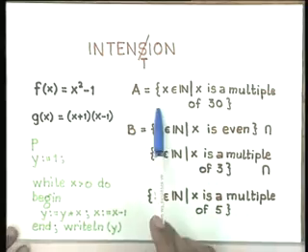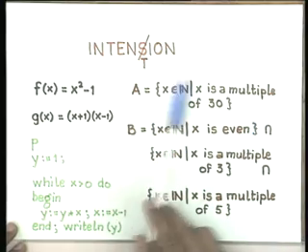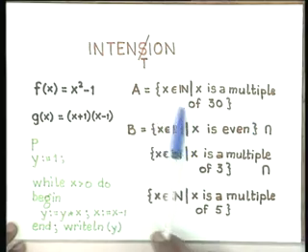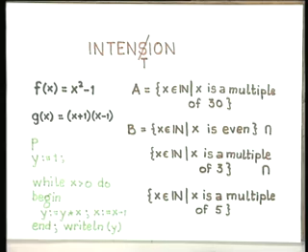If you look at the internal construction of this set, it is just a set consisting of all multiples of 30, whereas this is a set for which you first construct the set of all evens, then the set of all multiples of 3, then the set of all multiples of 5, and then you take the intersection of these 3 sets and you get some set.